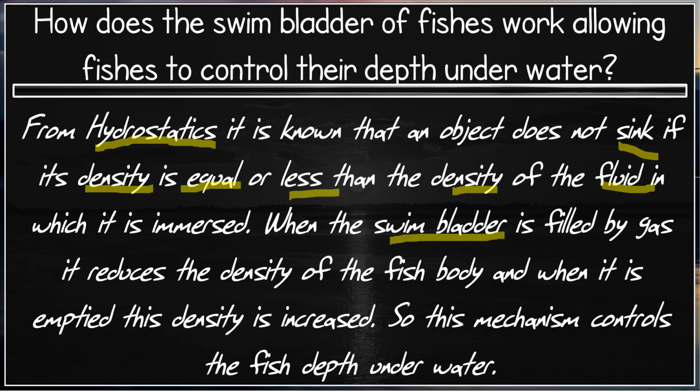When the swim bladder is filled by a gas, it reduces the density of the fish body, and when it is emptied, the density is increased. So this mechanism controls the fish depth under water.